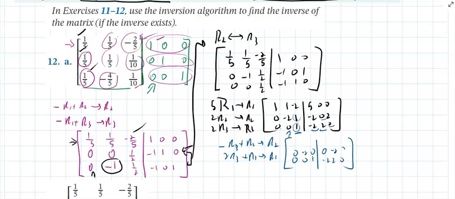And 0 plus 2 is a 2. If I multiply row 3 by a 2, then that row becomes 0, 0, 2, -4, 4, and a 0. And if I add it to row 1, I'll get a 1, 1, 0, 1, 4, and a 0.